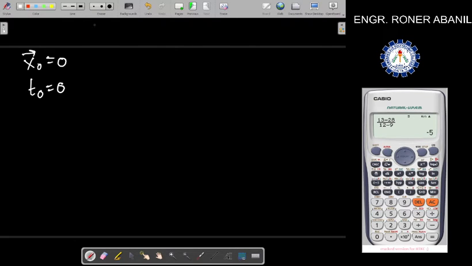So, with this assumption, our displacement, the change of distance, is equal to final x minus initial x. In this scenario, because the initial x, x0, is 0, the change in x becomes just the final x.